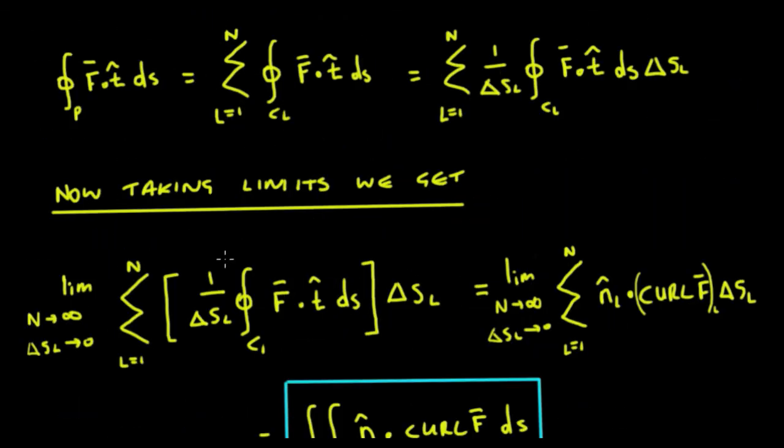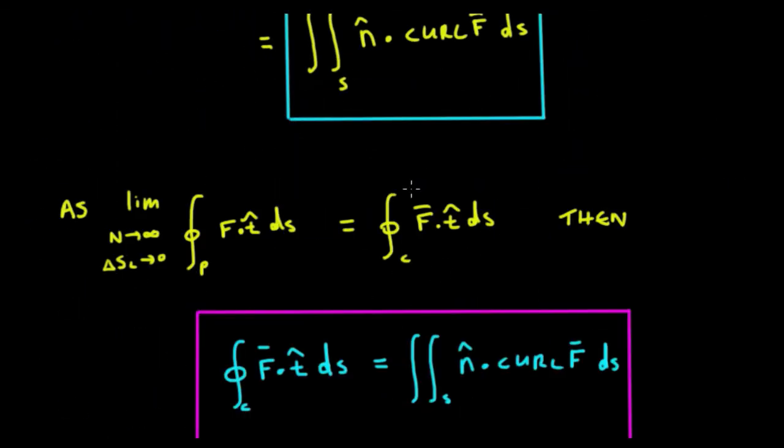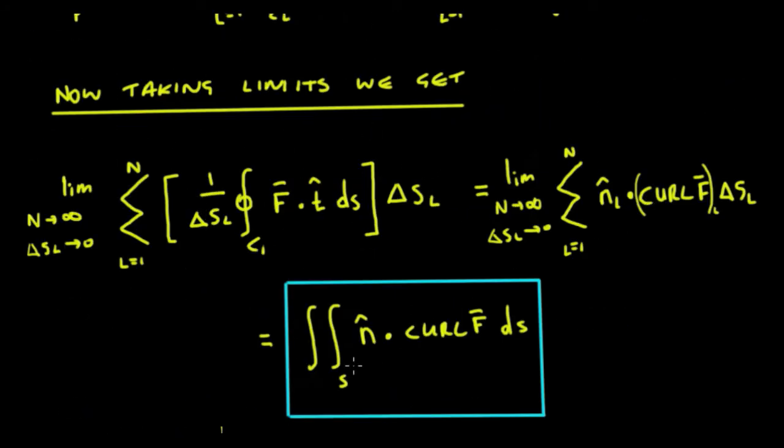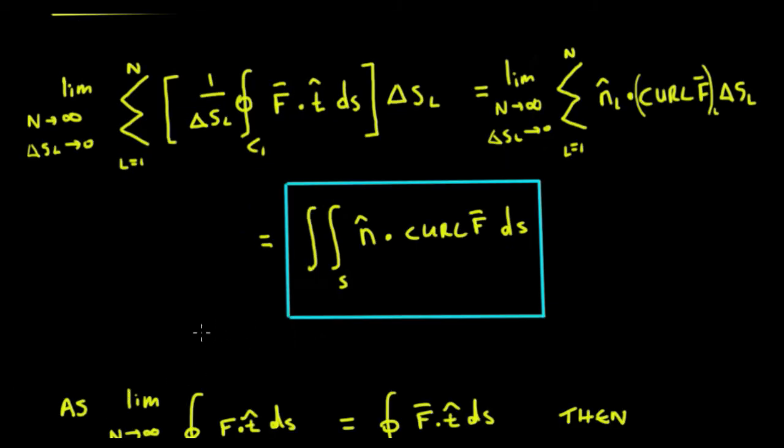So down here we can write that the integral round about the perimeter will tend towards the integral around a continuous path C. So this thing up here, which just equals the perimeter round about the C, is now equal to, from what we worked out here, the normal component of the curl over the capping surface.